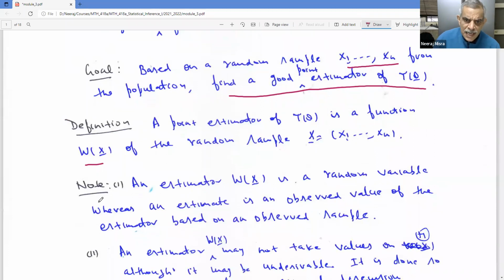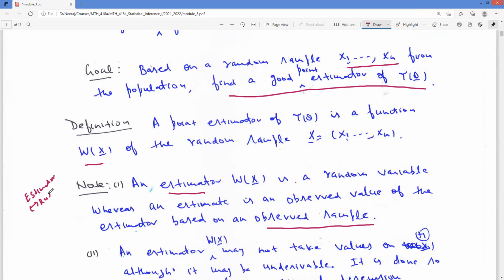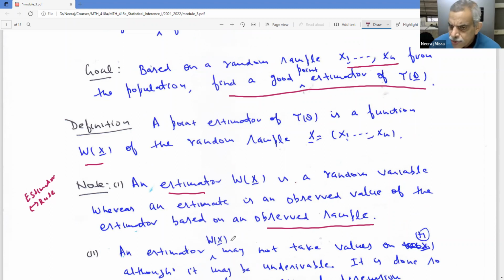Now note that an estimator W(X) is a random variable, whereas an estimate is an observed value of the estimator based on the observed sample. So an estimator is kind of a rule, right? You define an estimator, it is kind of a rule. It tells you what you should do after the data has been observed.